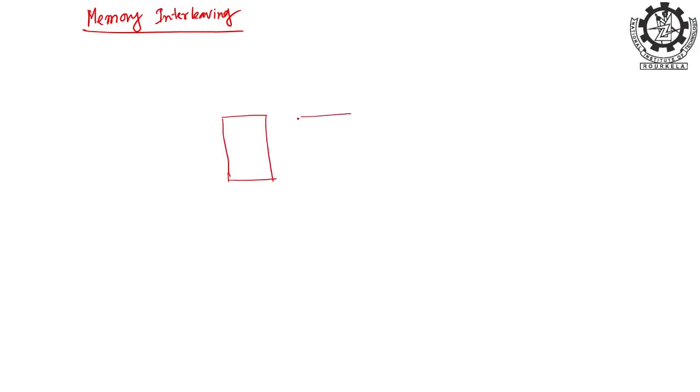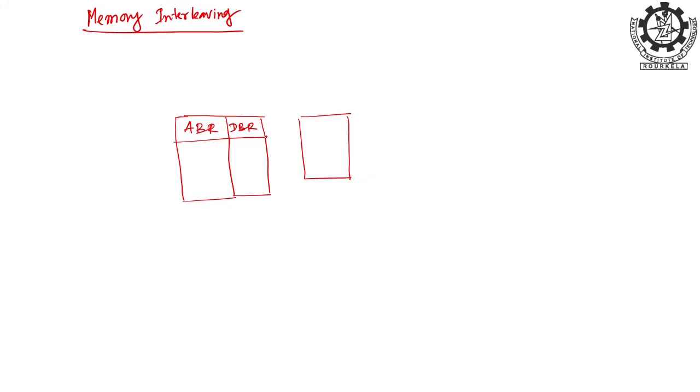Let us say this is one memory module, and each memory module generally has two registers. One is called the address buffer register, by which we identify which location the CPU wants to access. Another is called the data buffer register. I am talking about inside the memory only here.